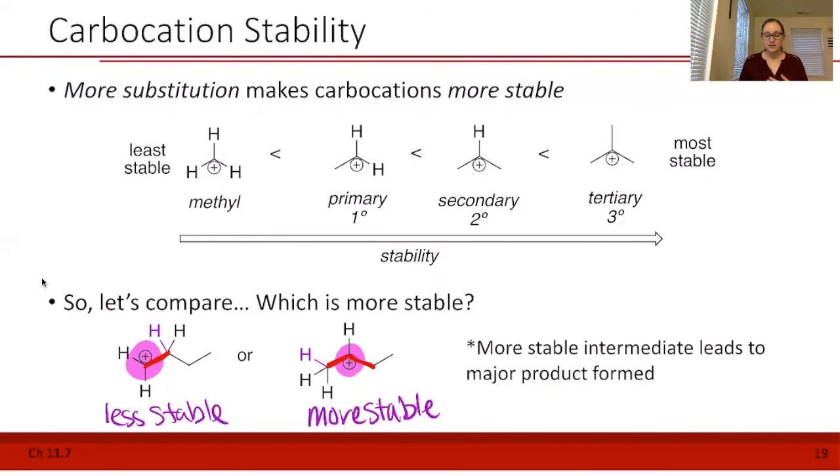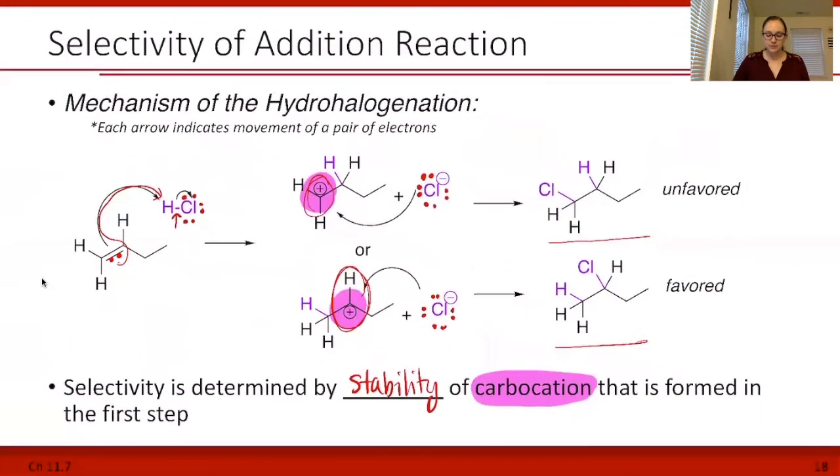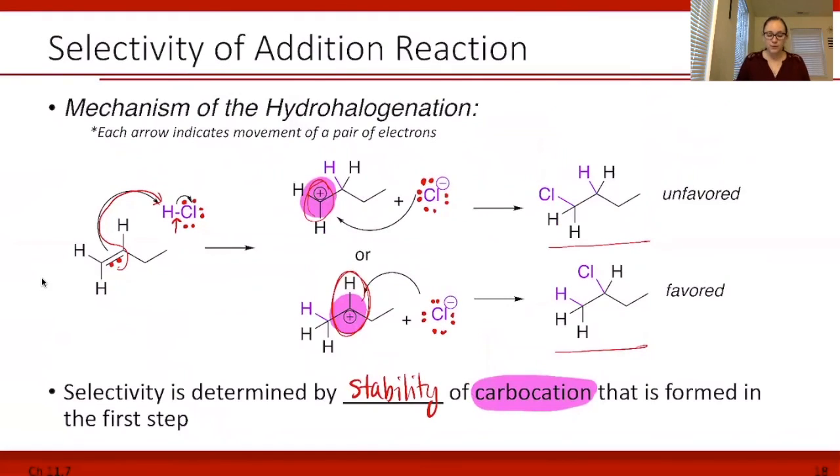So going back to our mechanism on the previous slide, in the first step we add our hydrogen to the side that has more hydrogens, because then the side with more non-hydrogen substituents has the carbocation. That carbocation is more stable than the one on the side with more hydrogens. So this is a more stable carbocation, and therefore it makes the favored product.